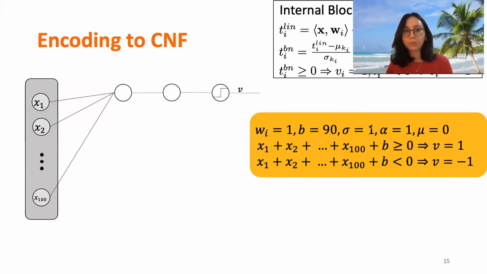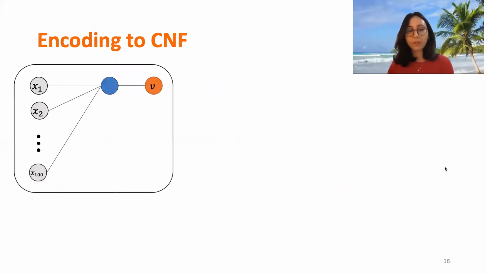So these are the parameters. And in the end, we will obtain these 2 equations corresponding to the behavior of the first neuron. So observe that it's just a sum over the input features plus the bias. And if the sum is greater than 0, then the output is 1, otherwise it's -1.